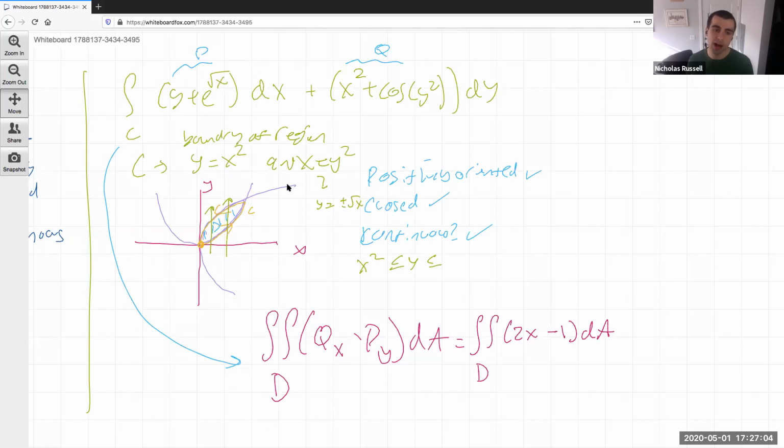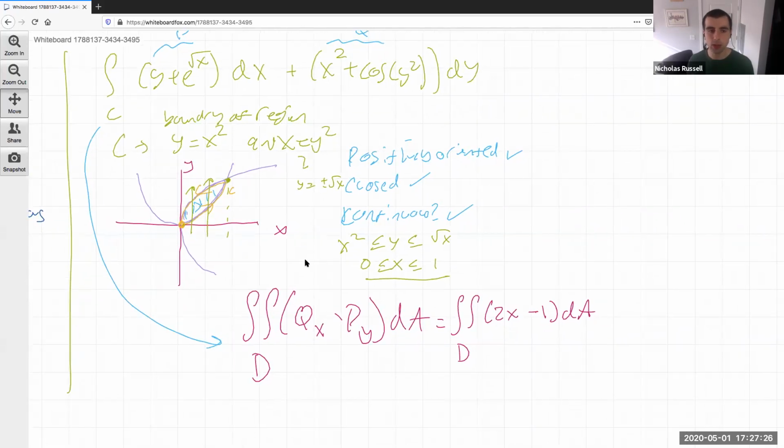But as a reminder, this is the positive branch, so we just take the positive part. This becomes x squared to the square root of x. And lastly, we come up with our bounds for x. These intersect at the point (1, 1), so x will go from 0 as my lowest point to 1.